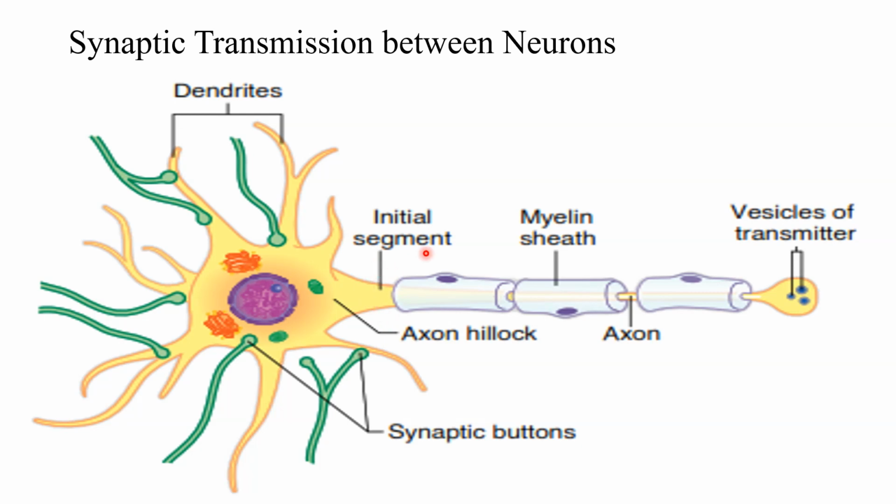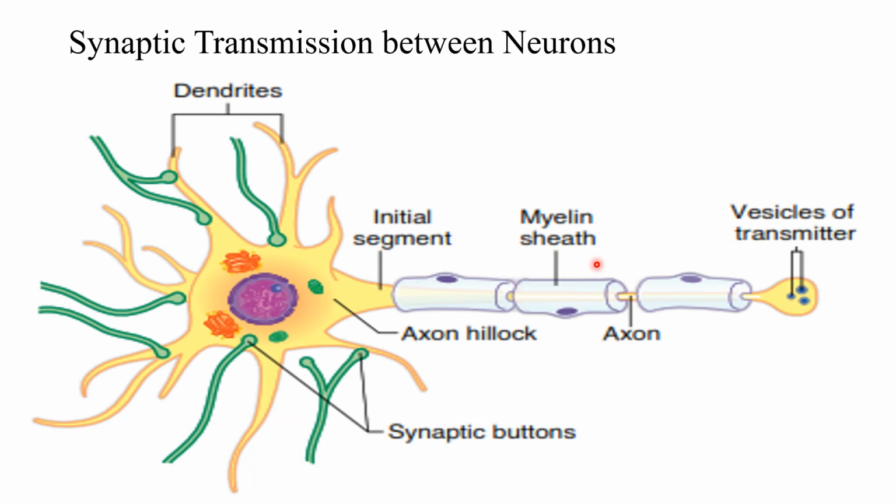Initial segment, myelin sheath, axon, vesicle transmitter. Neurons are of two types, myelinated and unmyelinated. If they are myelinated, wrapped with a fat layer, that is called myelination. What will happen? Channels are located only at the nodes. At regular intervals there is a gap between the myelination, called a node. So the ionic influx happens here, then they jump, right?